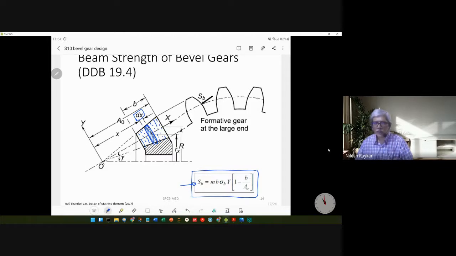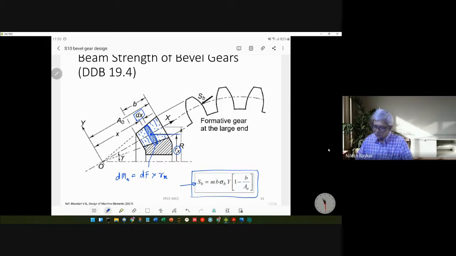And rather than adding the forces, what we are going to do is this particular slice can take certain force. Let's call that force as dF. So if you multiply that force by the radius at which it is acting, that is Rx, that will give us the elemental torque that this particular slice can withstand. I'll repeat once more.